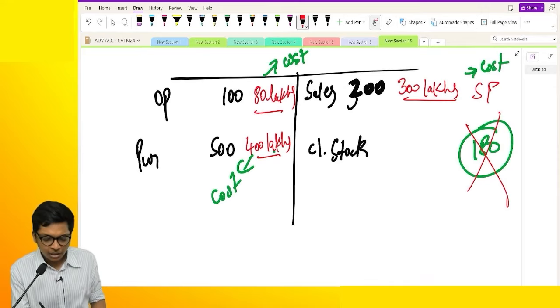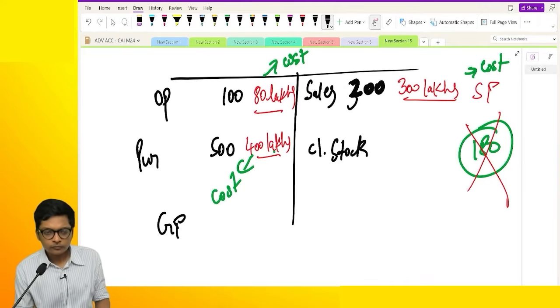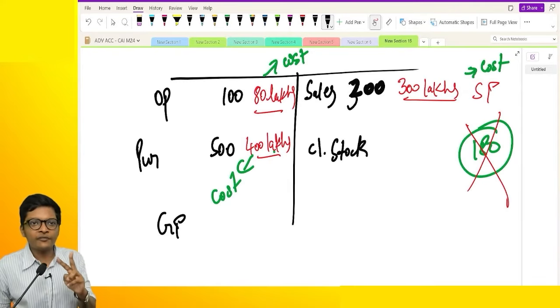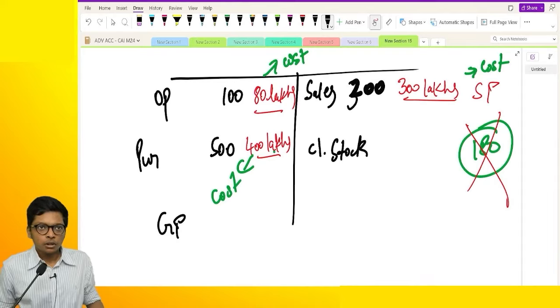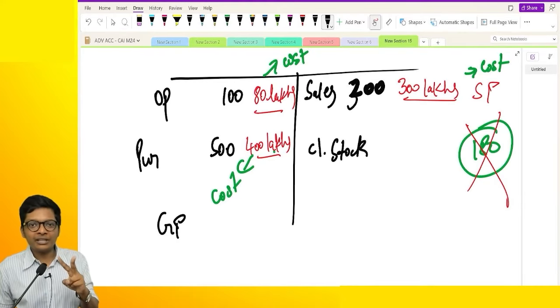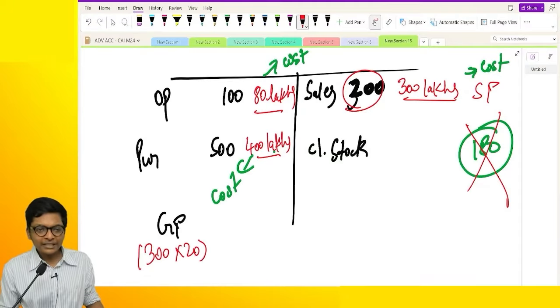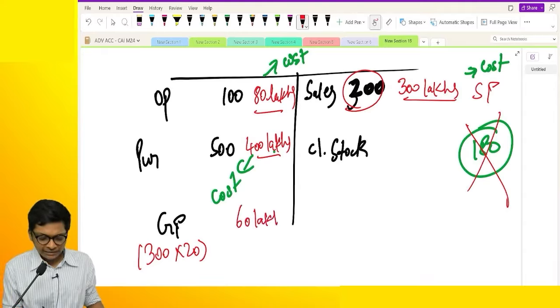So what is the gross profit? I told you profit is 20,000 per phone. So how many phones are sold? 300 into 20,000, 60 lakhs.